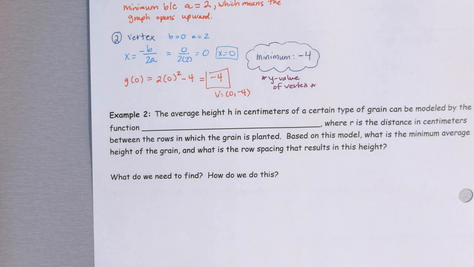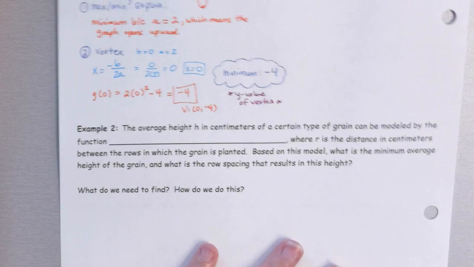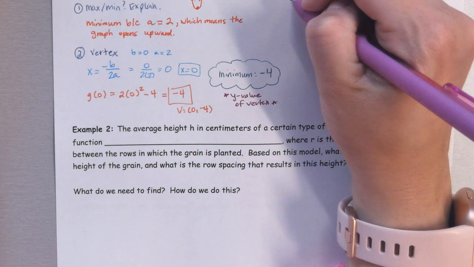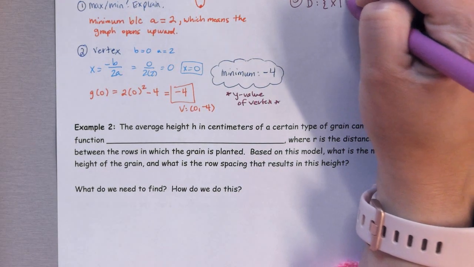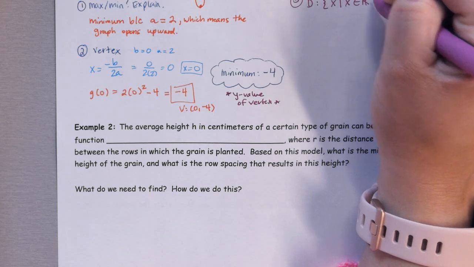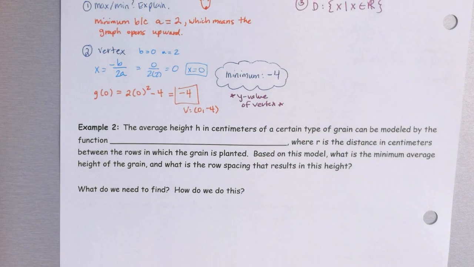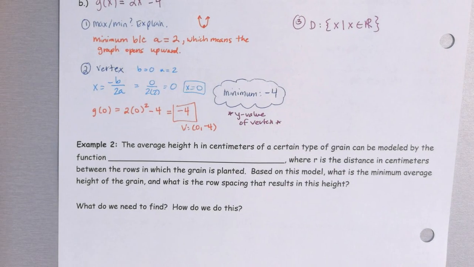All right, and then our last step is going to be the domain and range. Because this is quadratic, your domain does not have any restrictions. So I do want you to do this in set builder notation, and we'll specifically ask for that on your quiz. So your domain is x, such that x is an element in the real number set.